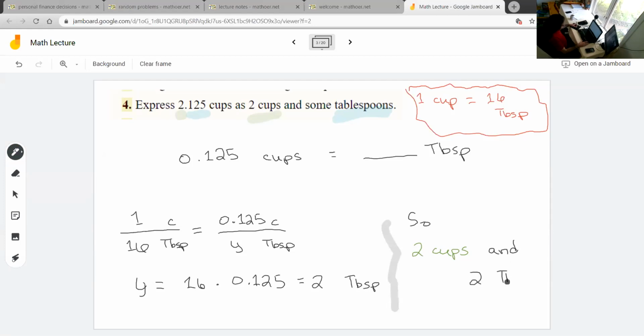And the 2 tablespoons, because that's how much the decimal amount of the cups was.